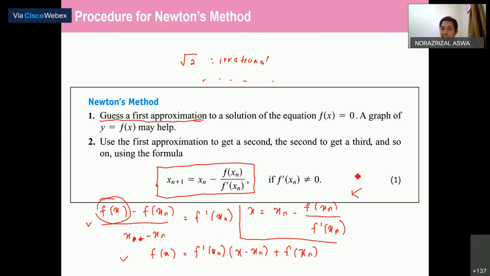It's because we consider the x intercept, and at the x intercept, our f(x) is equal to 0. So we have 0 equal to f prime(x_n) times (x minus x_n) plus f(x_n). Using simple manipulation, you bring f(x_n) to the left hand side, giving minus f(x_n).